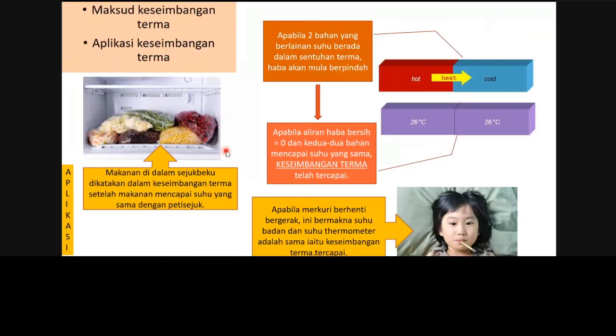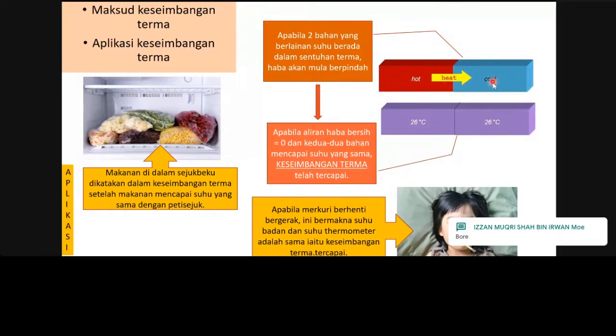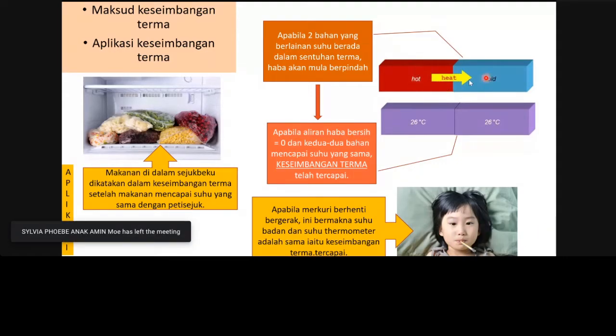Okay, this is the most famous subtopic kalau masuk dalam paper 1. Almost every year dia akan tanya at least one question pasal thermal equilibrium. Maksud keseimbangan terma. So you need to know what keseimbangan terma is. The concept is that when you have two objects of different temperature, katalah you ada satu besi panas, satu besi sejuk, and you letak dia in contact.